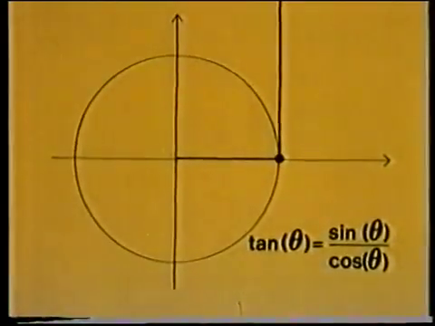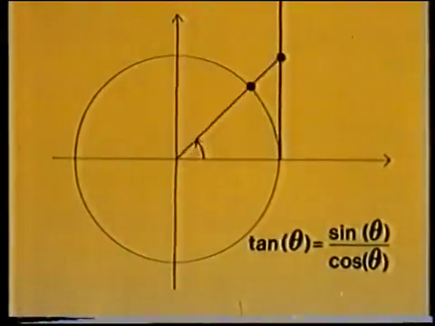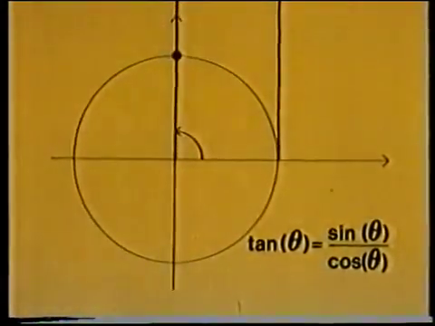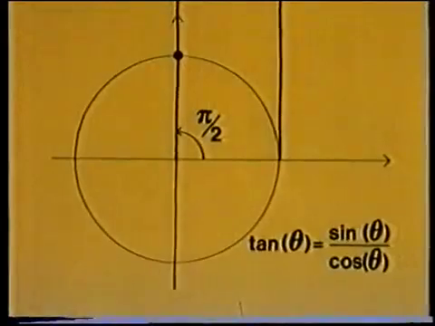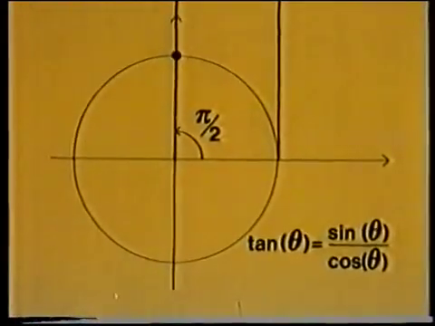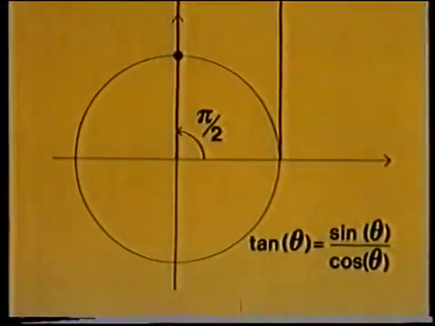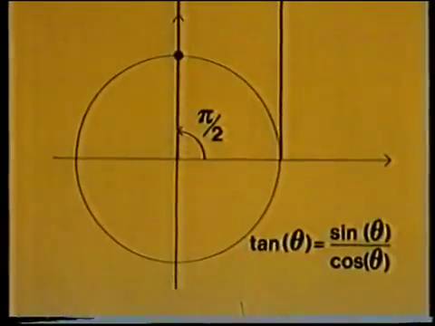When theta equals 0, tan theta equals 0. And tan theta increases as theta increases. When theta equals pi over 2, the lines don't intersect, they're parallel. So tan pi over 2 doesn't seem to exist. If we look at the definition of tan theta, it's sine theta over cosine theta. And cosine of pi over 2 is 0. So tan pi over 2 is not defined.